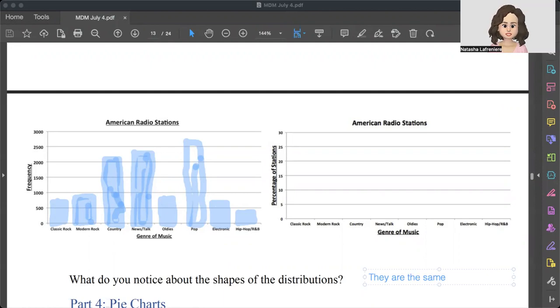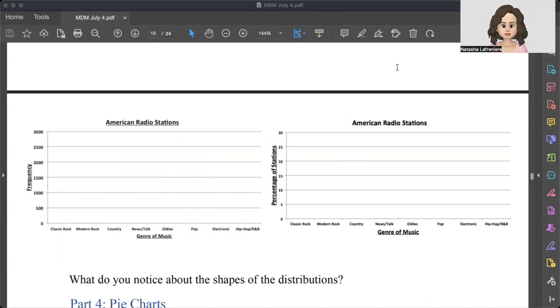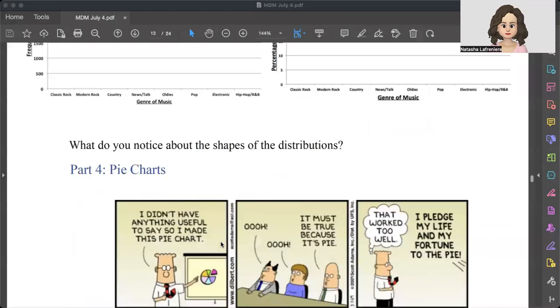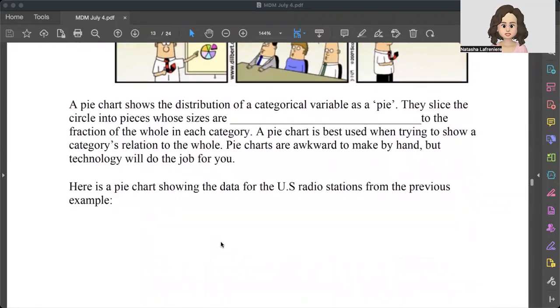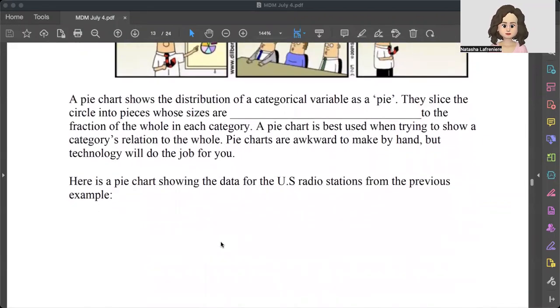I'm going to clear this and we're going to take a look at pie charts. Personally, pie charts are my favorite. A pie chart shows the distribution of a variable as a pie.